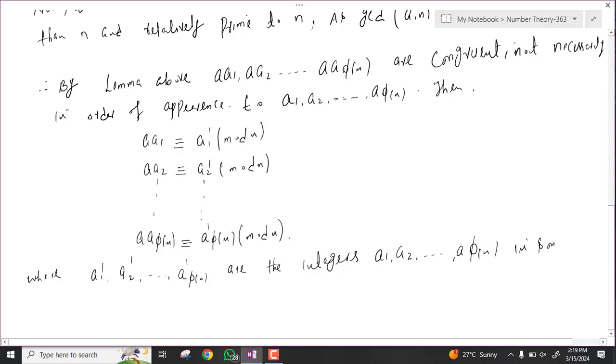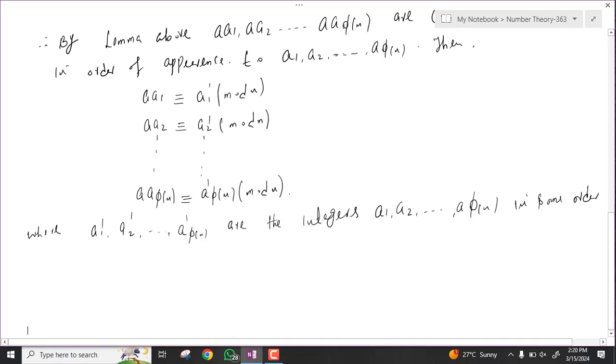These are the integers A1, A2, A phi of n in some order.